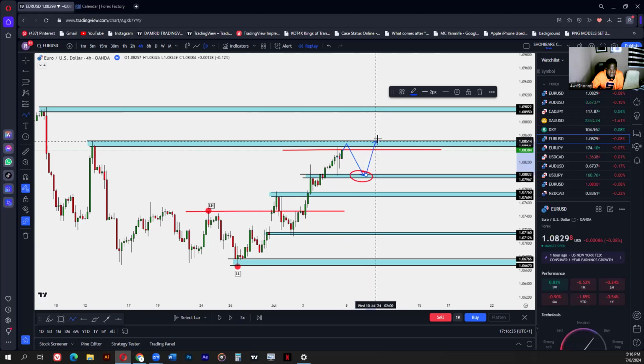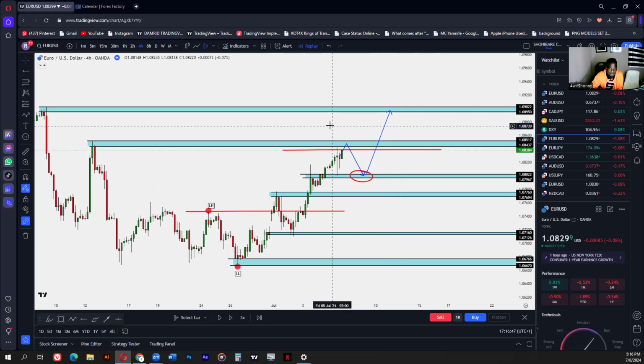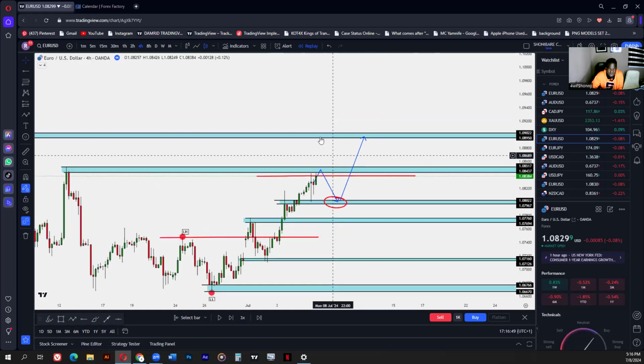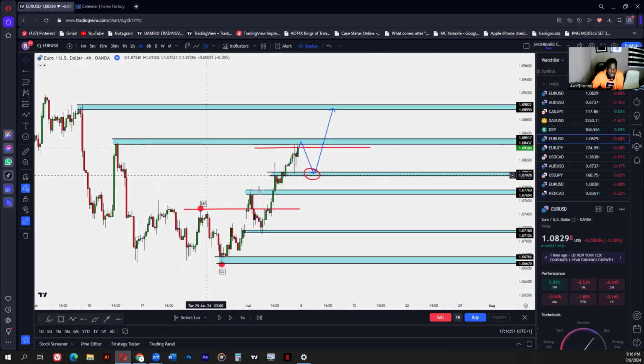If we see that by Tuesday, Wednesday, with the Fed we get some rate cuts, we can actually start to buy off from that demand zone straight into the next zones. So this is clearly what I'll be looking for on EURUSD this week.